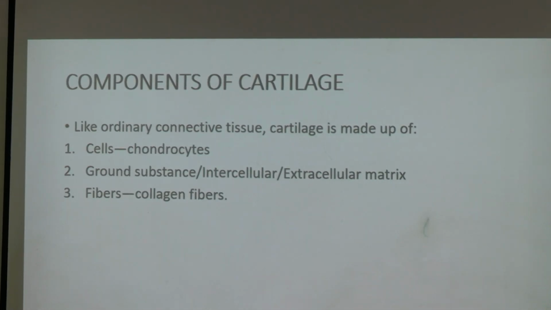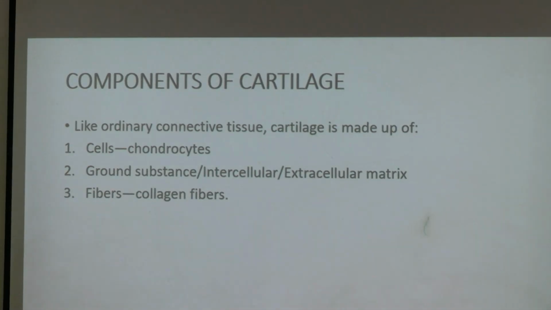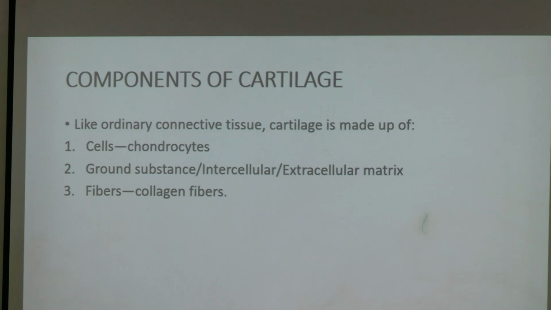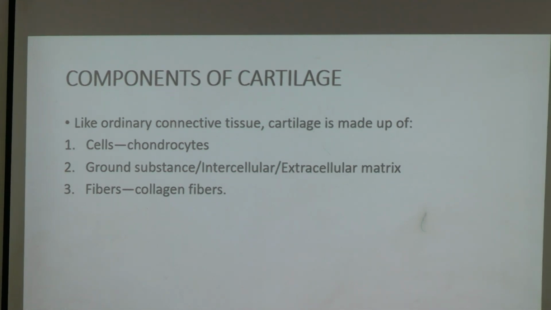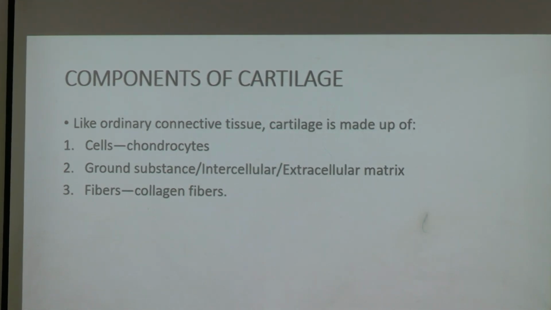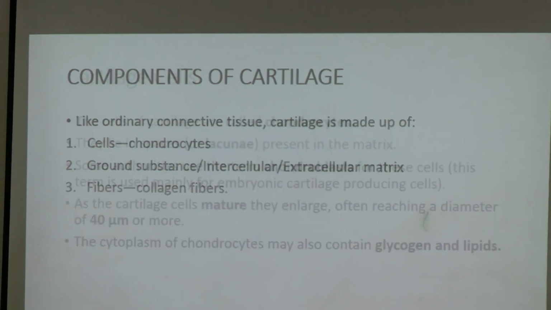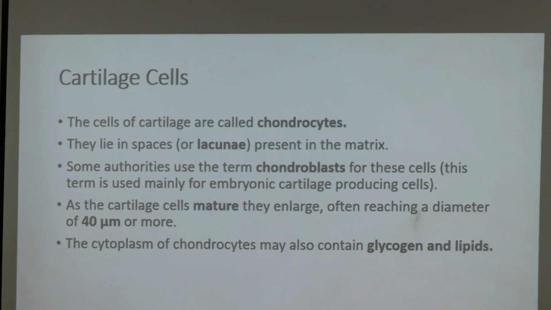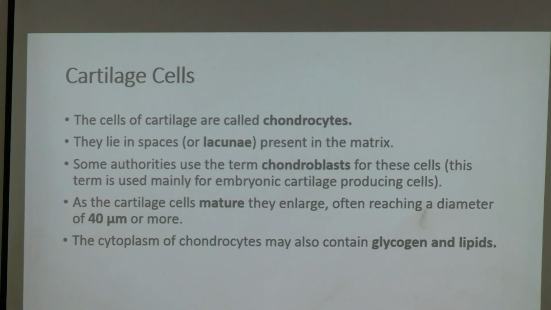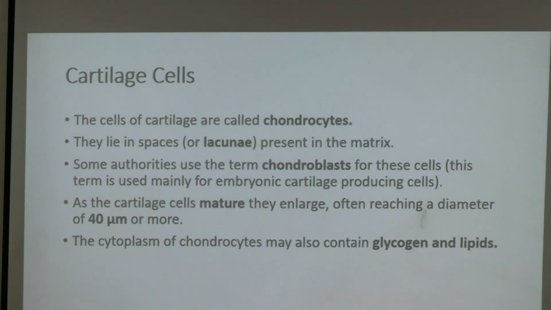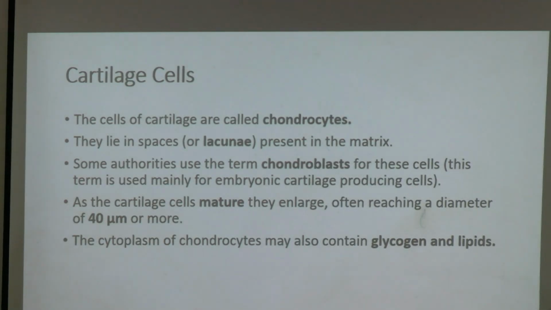Components of cartilage. Like ordinary connective tissue, cartilage is made up of cells, chondrocytes, ground substance, extracellular matrix, and fibers, which are collagen fibers. Next. Cartilage cells. The cells of cartilage are called chondrocytes.